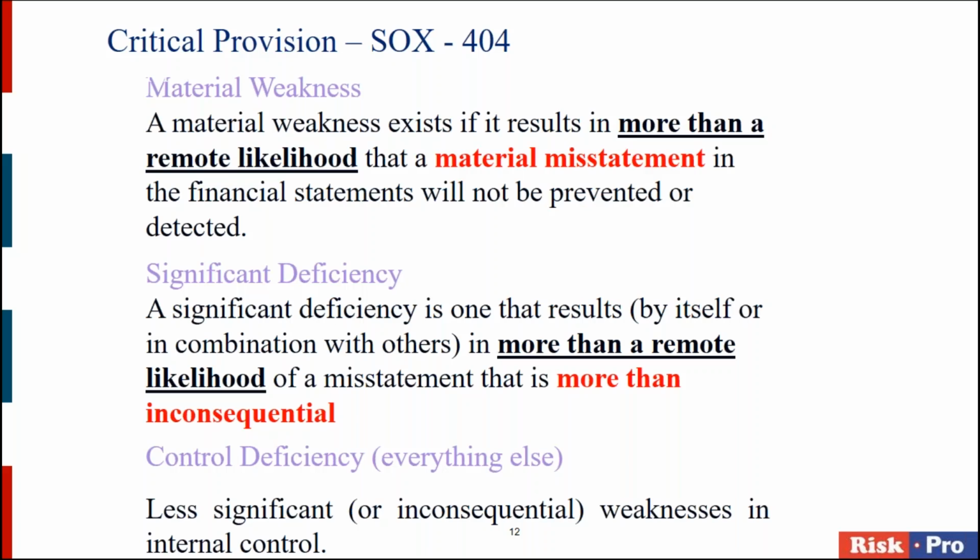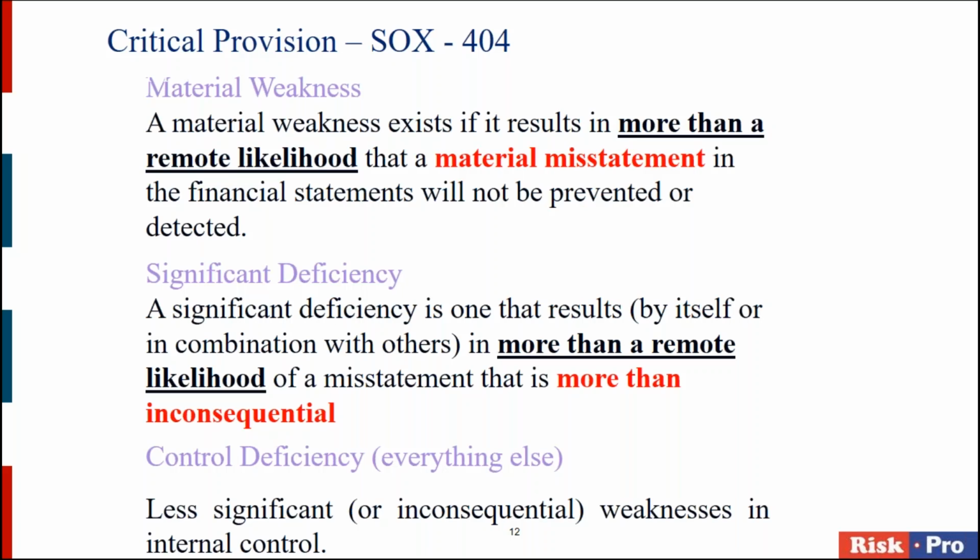Means if there is a control lapse and it is found that this control weakness would lead towards a material misstatement in the financial statement, which is not able to be prevented, that has to be reported.